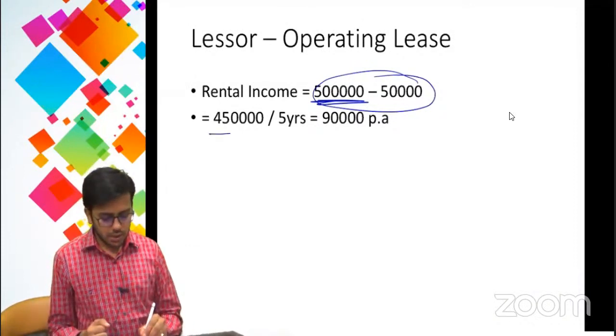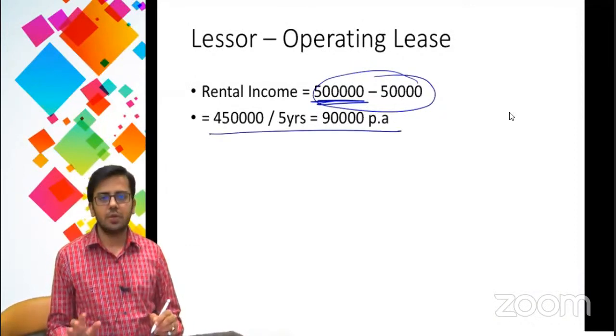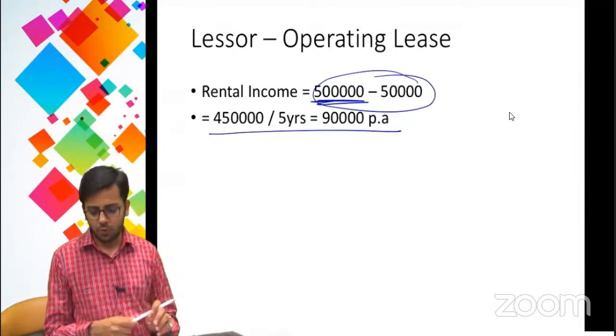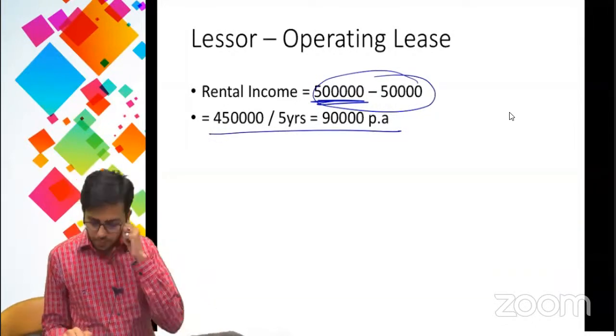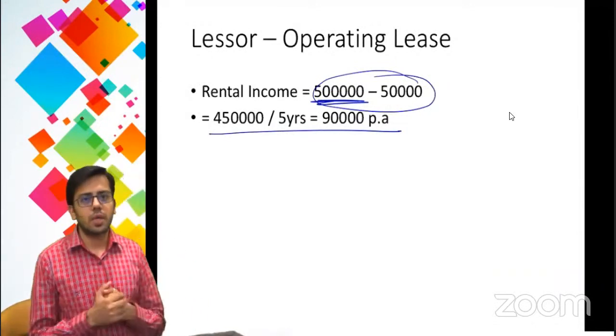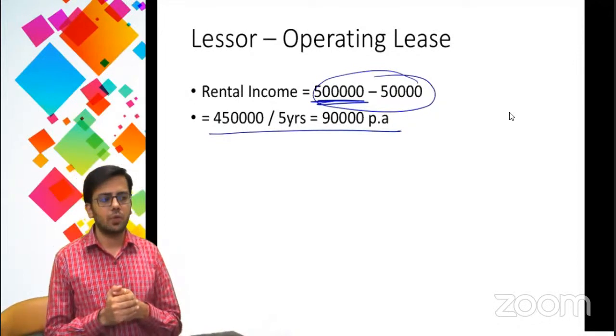Recognize this income on a straight line basis over the next 5 years, because the asset is going to give you consistent performance for the next 5 years. Okay, now there is a doubt. What is an operating lease? There are two types of leases from the lessor's point of view.